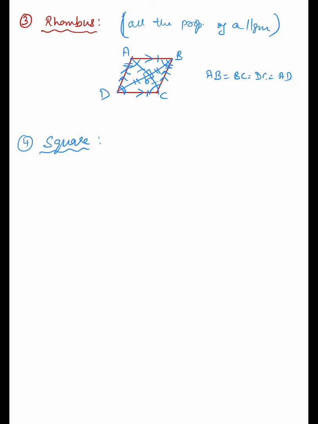Suppose I draw a square. Here you can see all the properties of a parallelogram are present in a square. Opposite sides are parallel. Can we ever say all sides are parallel? No. Only opposite sides can be parallel.